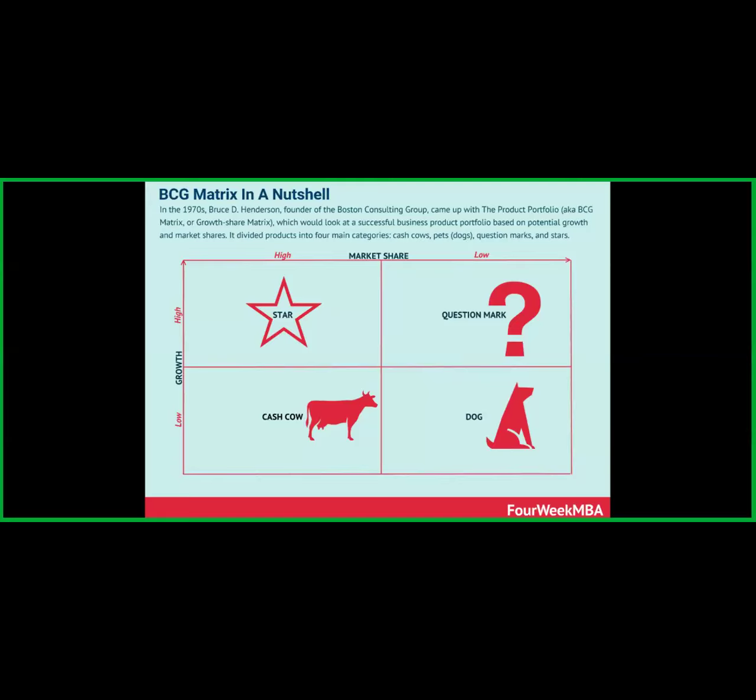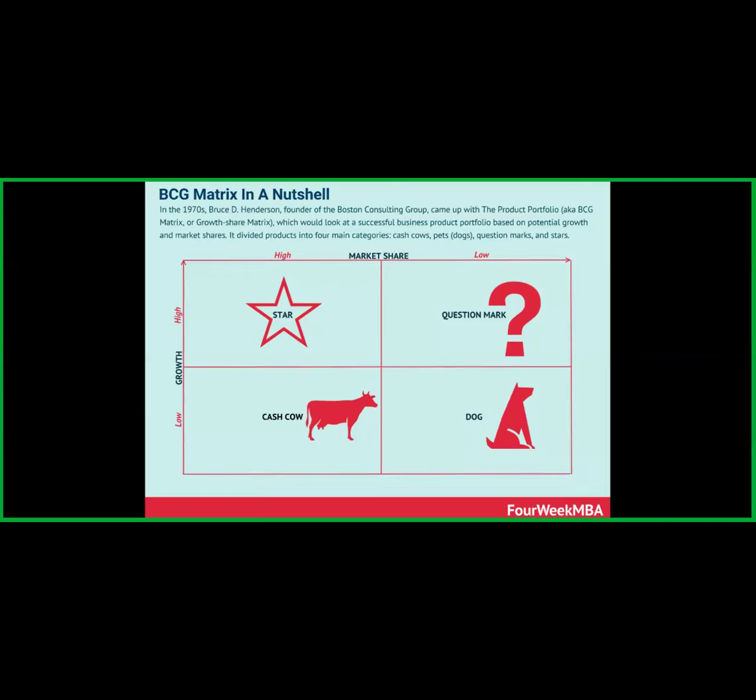Now if we take the example of stars, what does star indicate? Star indicates high market share in a high growth market. So the existing company has high market share, as well as the potential of growth in this particular market being vast, so we will categorize that as stars.